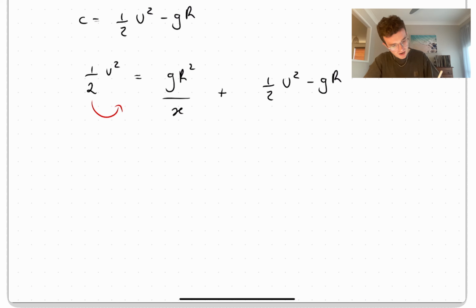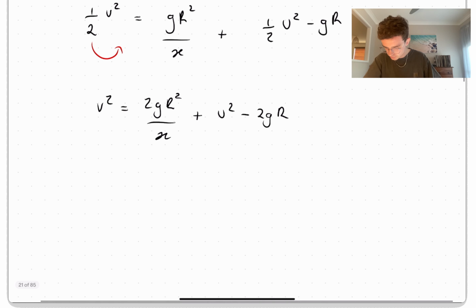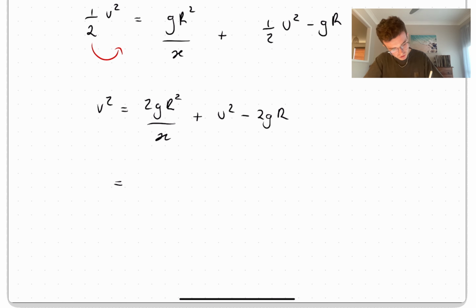So we've got v squared is equal to 2gr squared on x plus u squared minus 2gr. Thinking we want to factorize a 2gr out, so u squared plus 2gr.